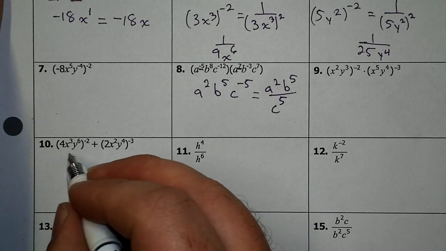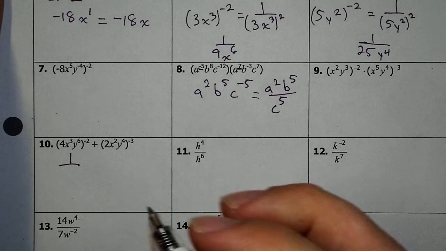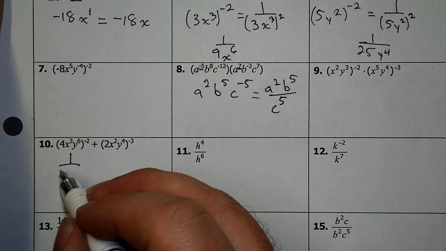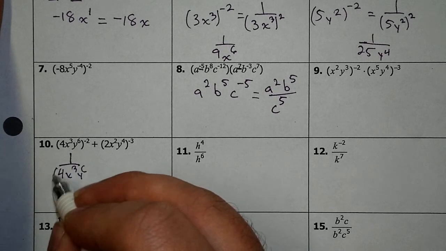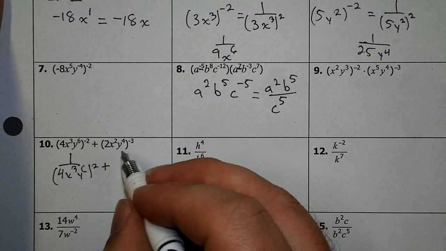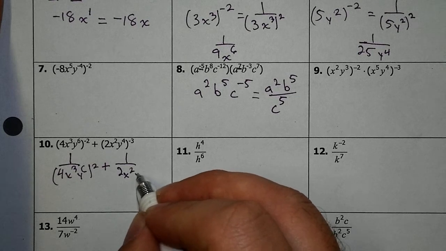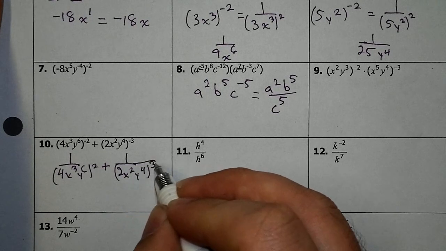So I've got to flip this over, and now we've got 4x to the 3rd, y to the 6th. That's all going to be squared, plus 1 over 2x squared y to the 4th, and we'll raise this to the positive 3 now. Once you flip it, you change the sign.